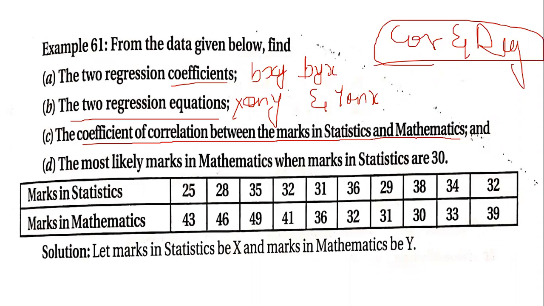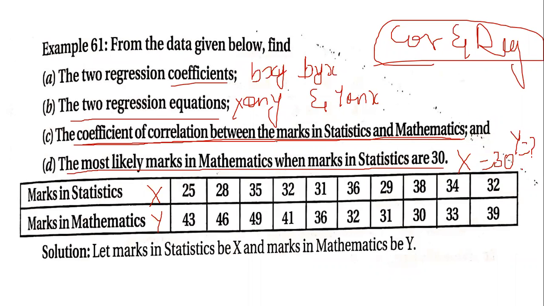We have to find the correlation between the marks of statistics and mathematics, and then the most likely marks in mathematics when the statistics is 30. So one can be taken as x, one as y. They have given us x equal to 30 and we have to find the value of y.